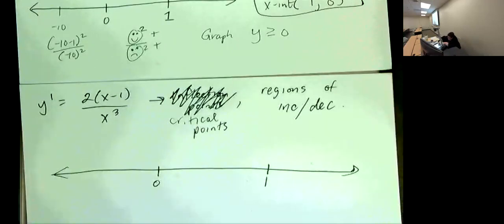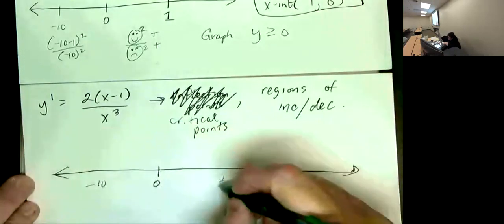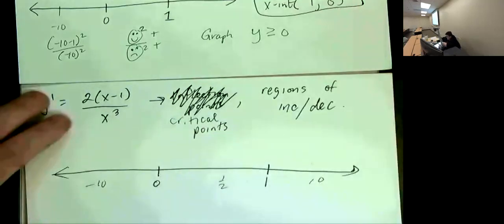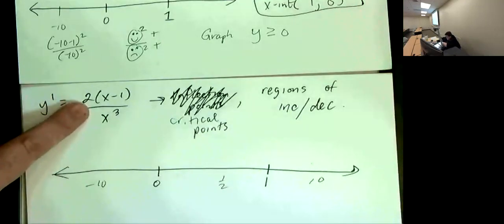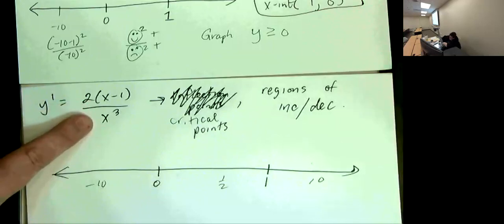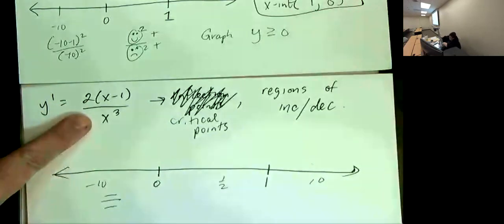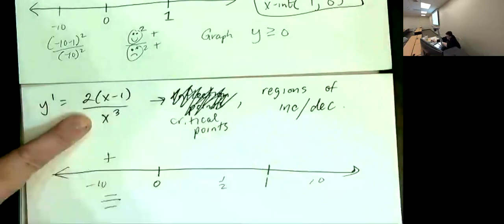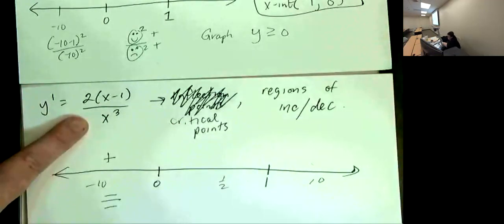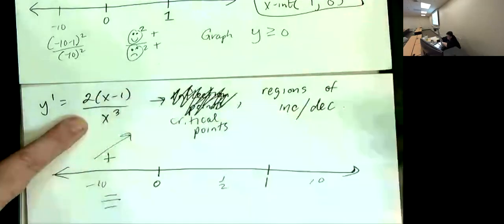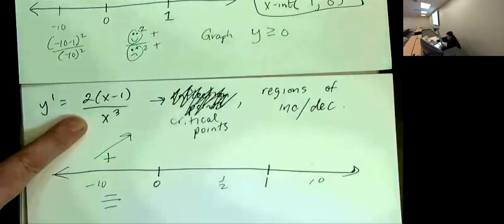If I try -10, 1/2, and +10: -10 minus 1 is a negative. -10 cubed is a negative. This is a negative over a negative, which makes it positive. So we're going to have our graph going something like this. Oh, we can also find our extrema here.